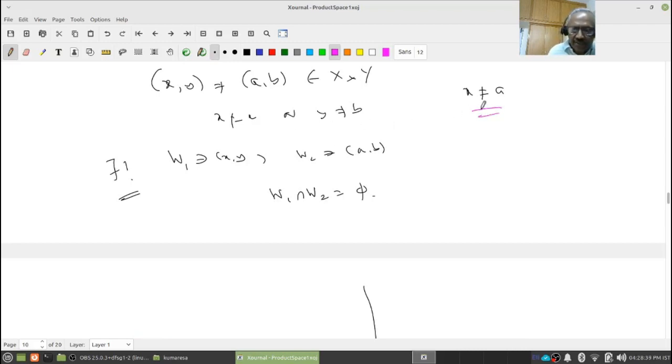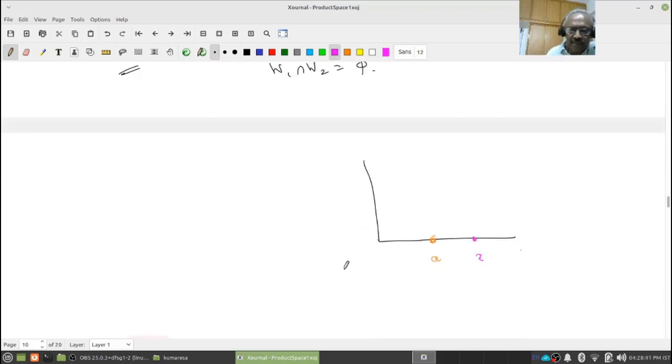So we are assuming x is not equal to a. Now what do you think I can do? Now X is Hausdorff, right? This space is X and this space is Y. This is Hausdorff. Therefore what can I do? I can find an open set U1 which contains a and U2 which contains x such that U1 intersection U2 is empty.